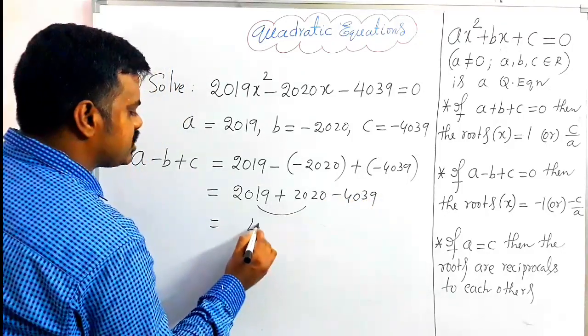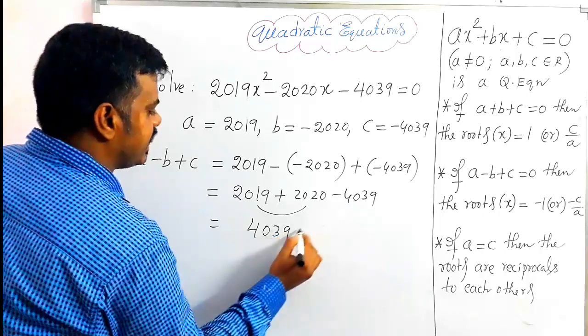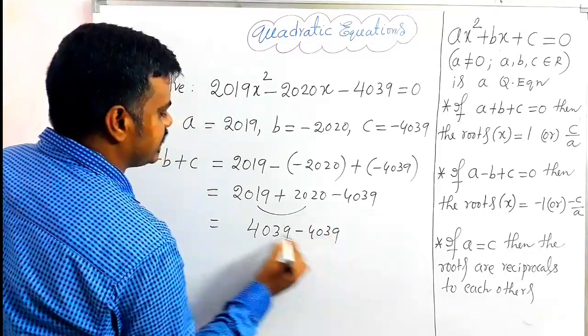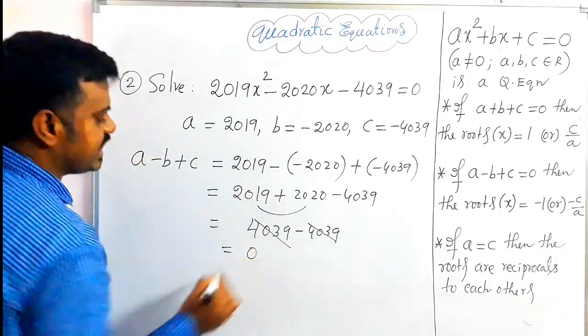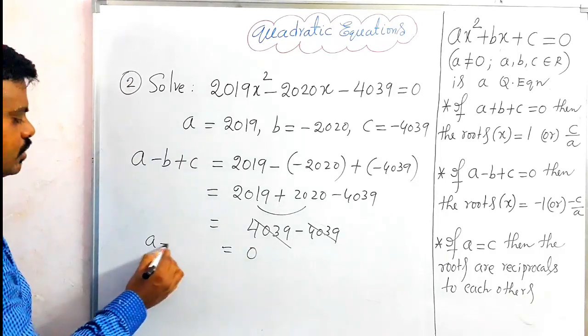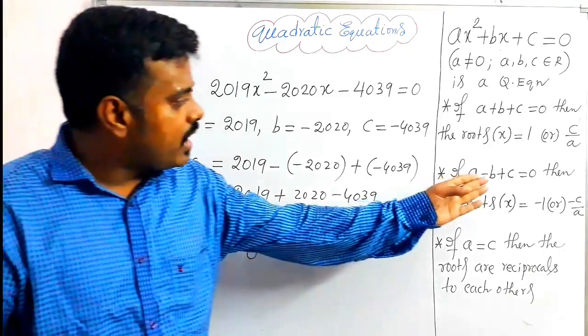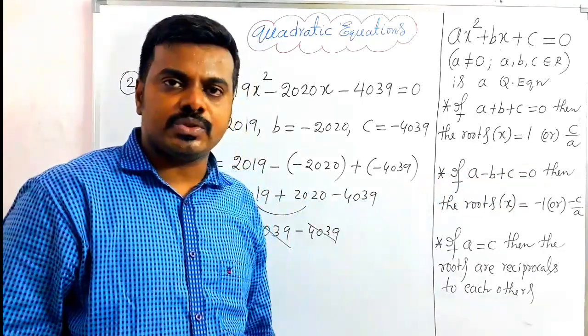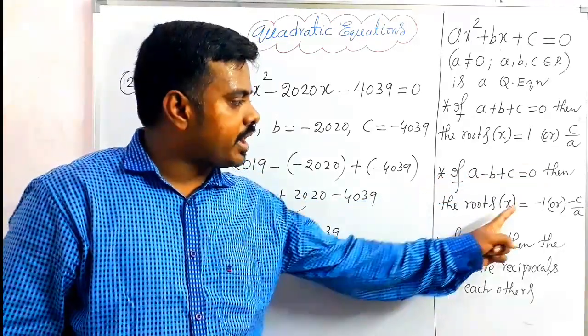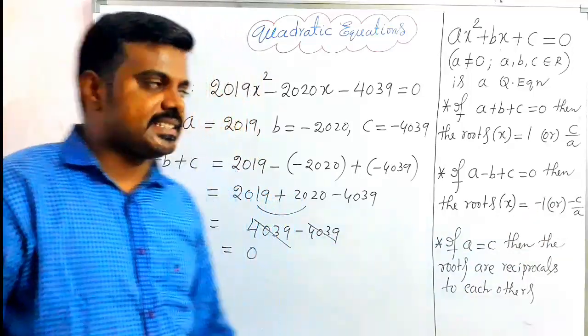If you add these two, 4039 minus 4039, the result is 0. That means you got a minus b plus c is equal to 0. We have, if a minus b plus c is equal to 0, then the roots are minus 1 or minus c by a.